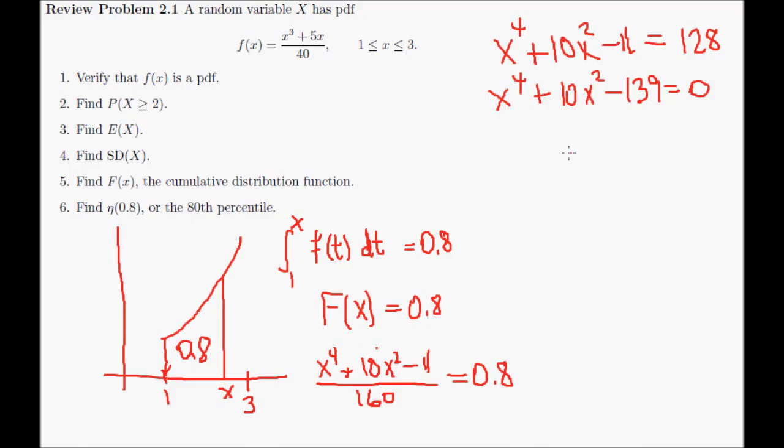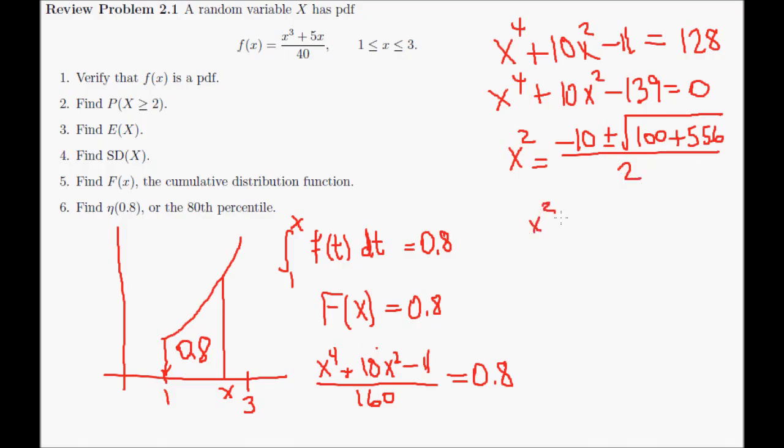And so this is quadratic in form, so I use the quadratic formula. So x squared is equal to negative 10 plus or minus, more on that later, the square root of 100 minus 4 times 1 times negative 139, and that works out to be plus 556, divided by 2a, so 2.